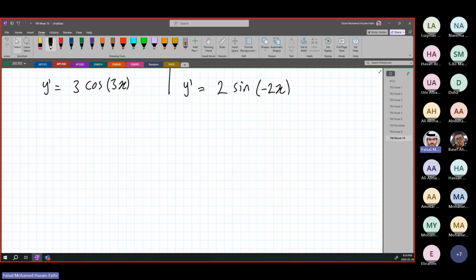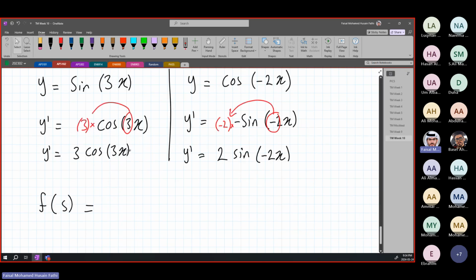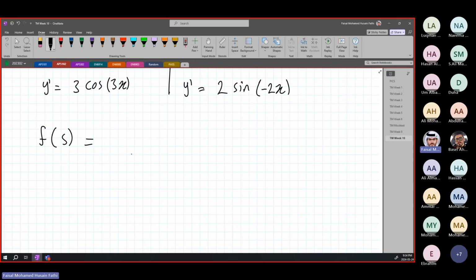So let's say if I give you a question now, y or f of x is equal to, by the way, it's not necessarily x, all right? Sometimes they can say f of s is equal to 3 sine 2s minus 5 cosine, let's put 3s.